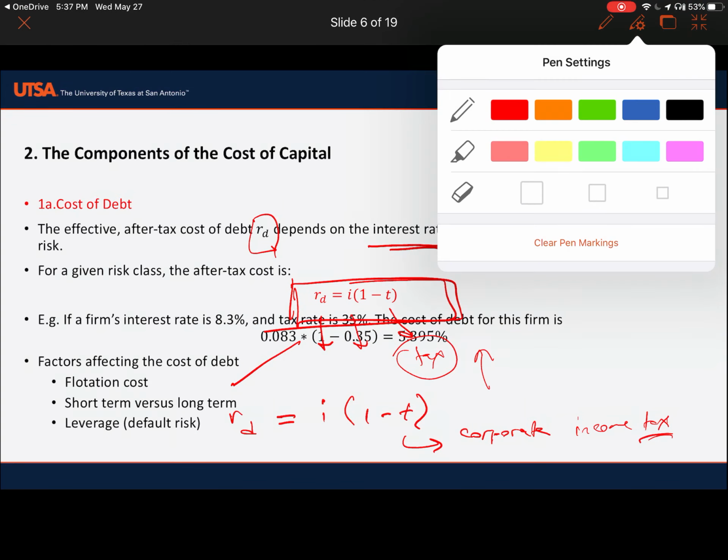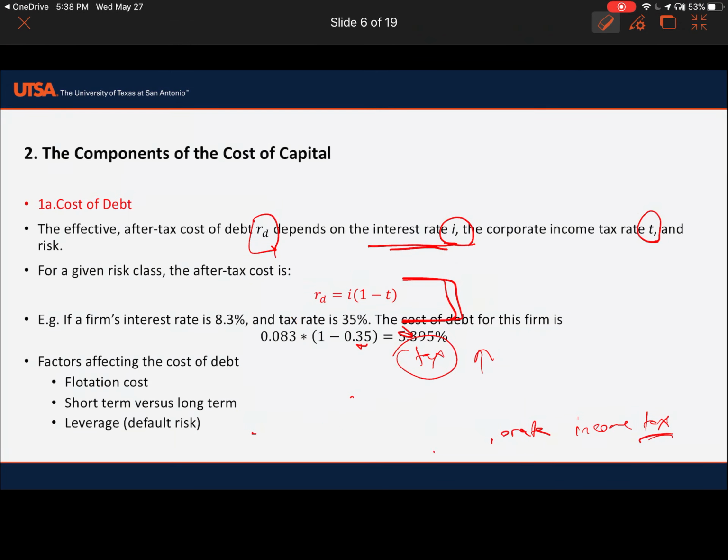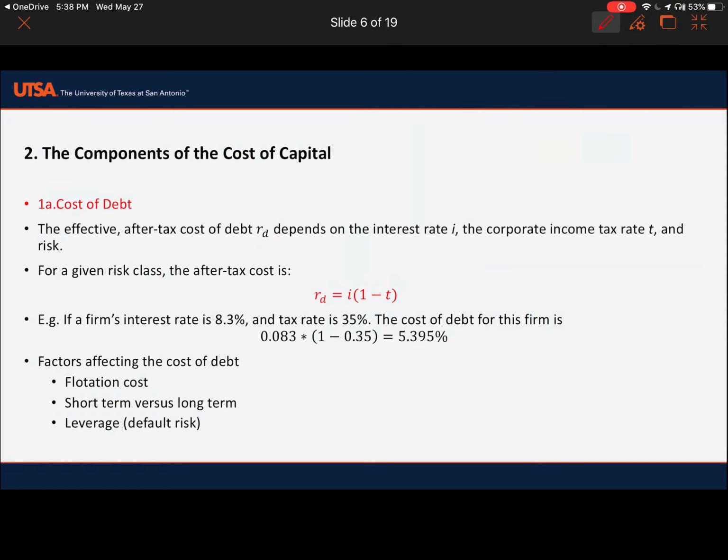For example, if a firm's interest rate is 8.3% and the tax rate is 35%, the cost of debt is calculated by the following equation: the interest rate multiplied by 1 minus the tax rate.